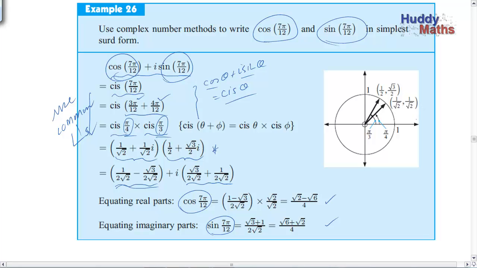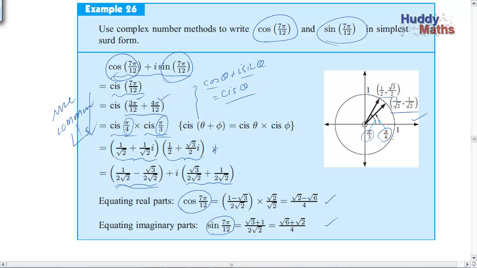And what's been happening, this is our picture over here. So that cis π/3 and cis π/4 made up our original sum. When we do that, we get these points on the Argand plane. That was the idea.